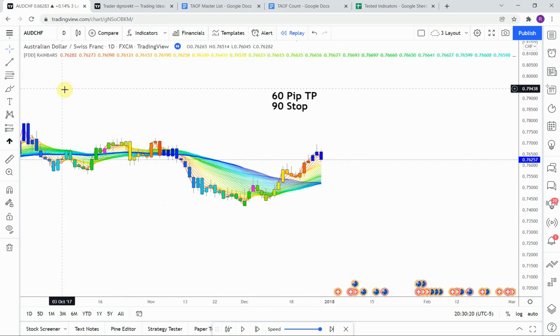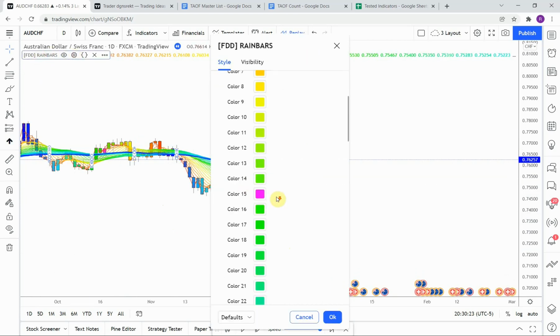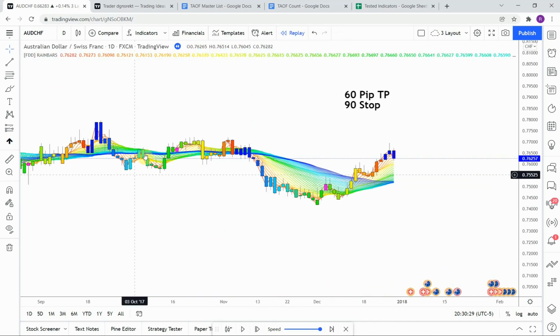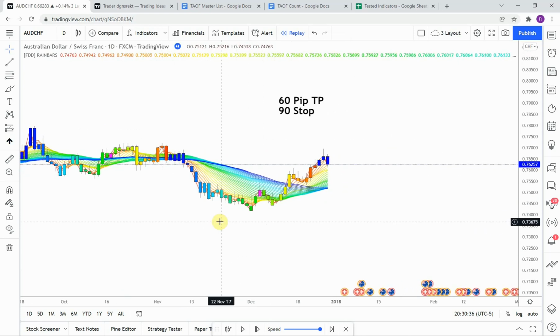I changed that to purple, and I changed the number 15 green bar is the one that I changed. Felt like that one was a decent middle ground, gave a decent little buffer in the cross up and down of the moving average.